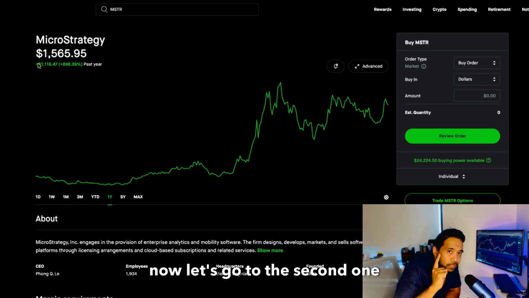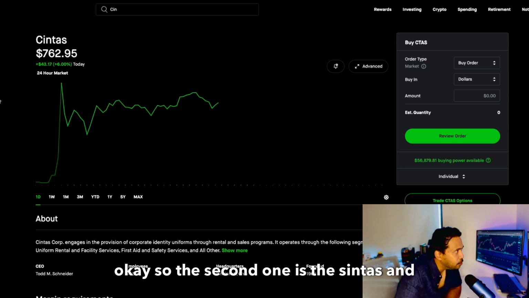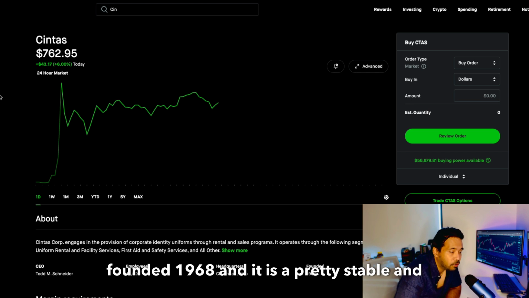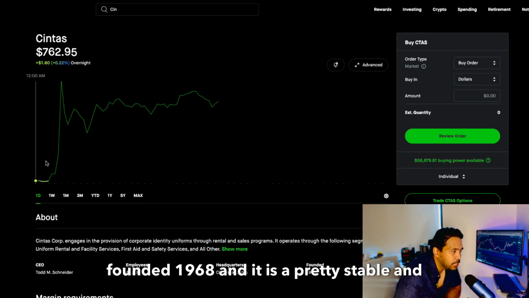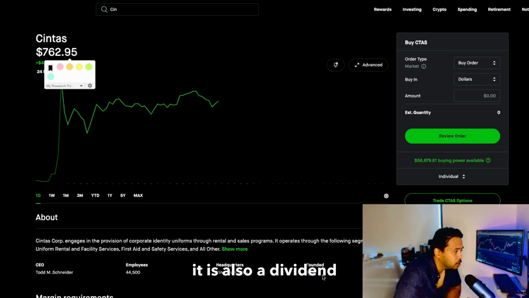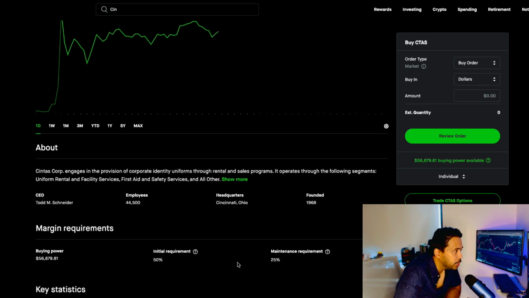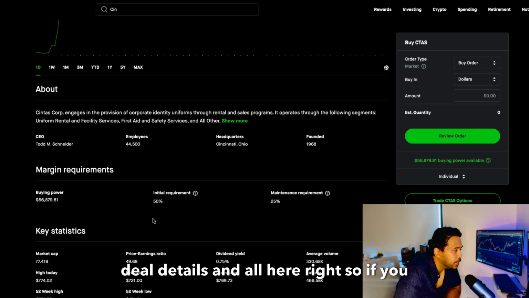Now let's go to the second one. The second one is Cintas Corporation, and this is a pretty old company, as you can see, founded in 1968. It is pretty stable, and it is also a dividend company. You can see their dividend yield details here.